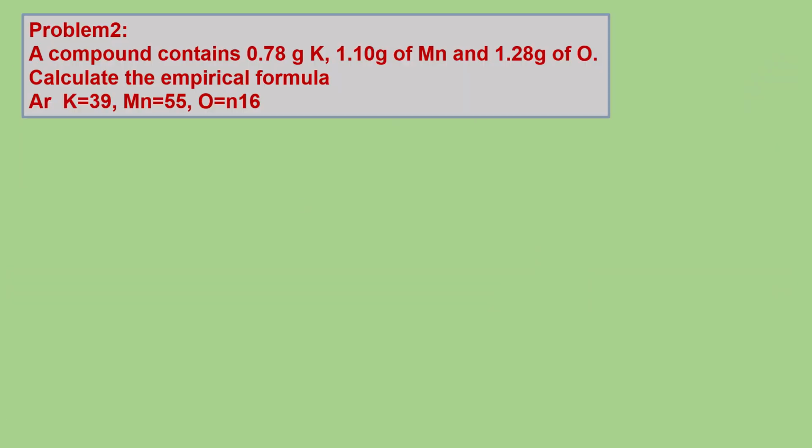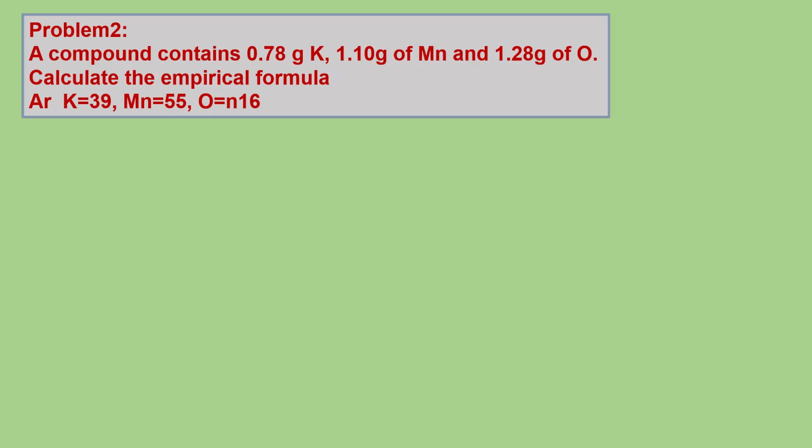Let's solve another problem. In this problem, there is a compound that contains 0.78 gram of potassium, 1.10 gram of manganese, and 1.28 grams of oxygen. All of these are masses. They want us to calculate the empirical formula, and they give us the relative atomic masses of potassium 39, manganese 55, and oxygen 16.